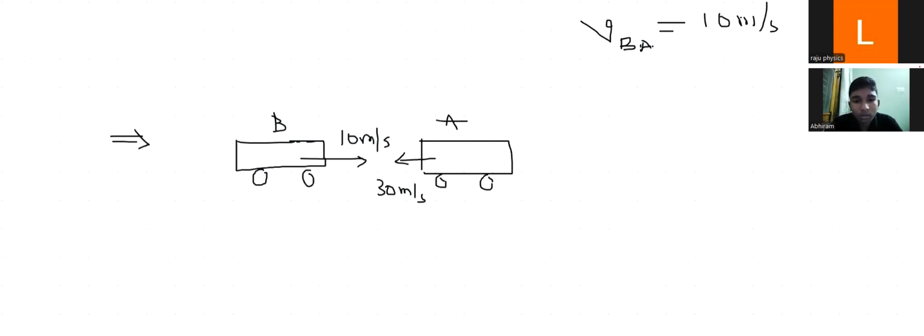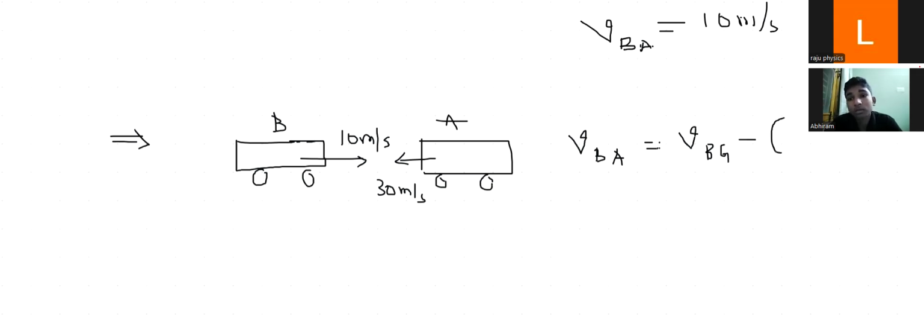What is the relative velocity of B with respect to A? 40 meters per second. Excellent. What is the formula? VB with respect to the ground minus VA, since it is in the opposite direction.